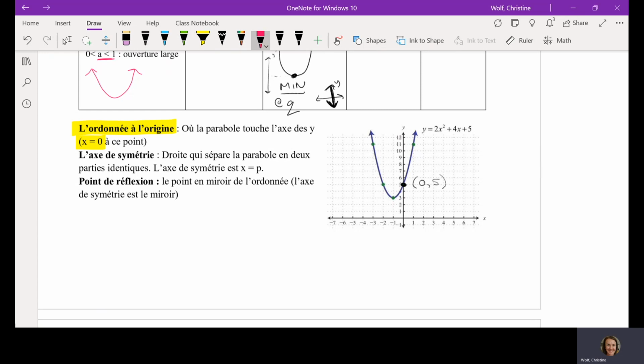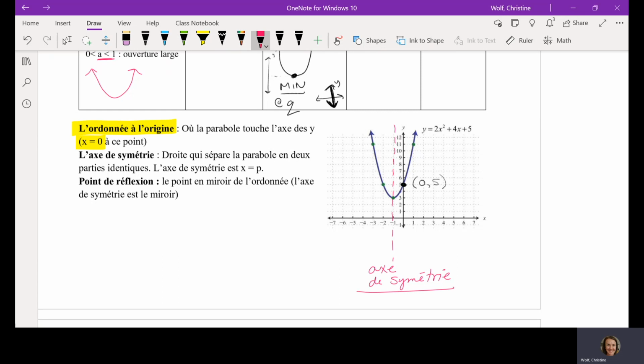L'axe de symétrie, c'est une droite qui sépare la parabole en deux parties identiques. OK? So, si je cherche exactement le milieu, et dessine une droite verticale qui passe par le milieu, ça c'est l'axe de symétrie. It cuts it directly in half. OK?